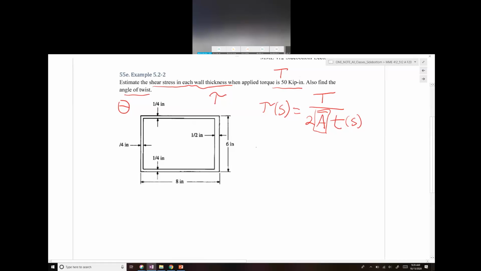To calculate the area, it's just going to be the width of the section times the height. The width of our section would be equal to 8 inches minus, whoops, that should be a 1/4 inch, minus a 1/4 inch divided by 2 minus a 1/2 inch divided by 2.